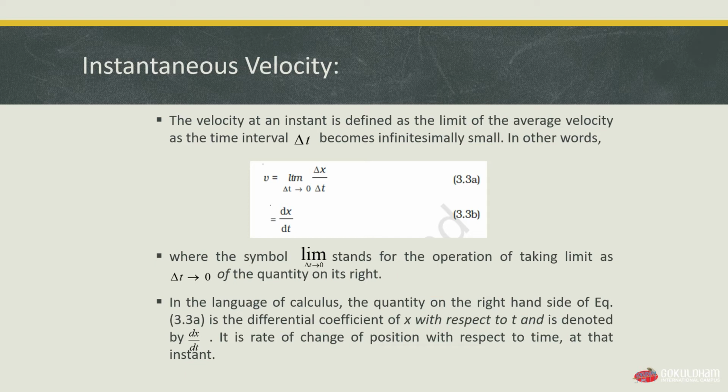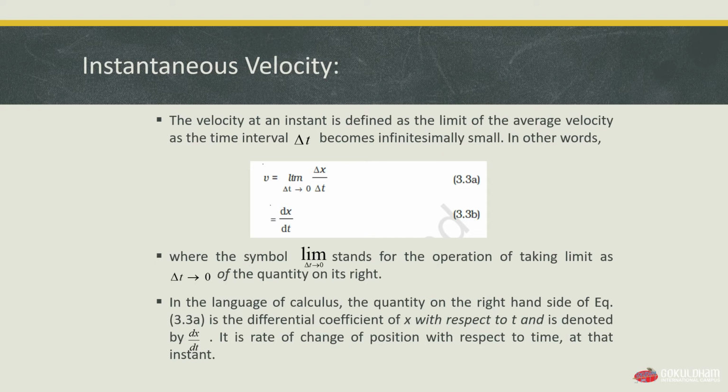By further generalizing this equation, we get the velocity v equal to dx divided by dt, the differential coefficient of x with respect to time, which will be our equation 3.3b.